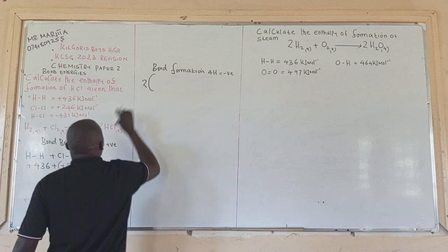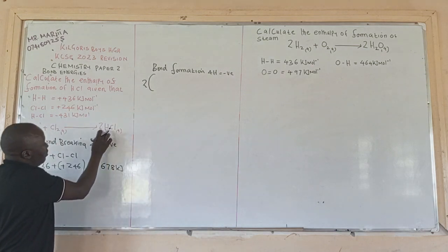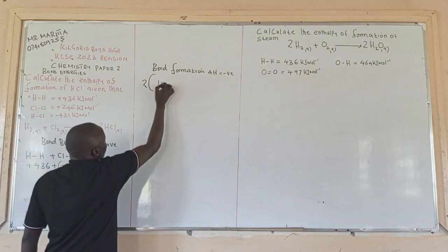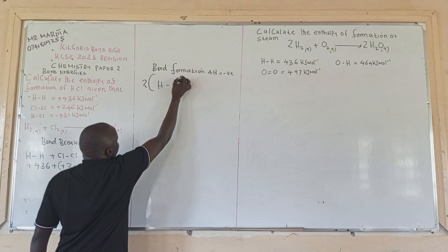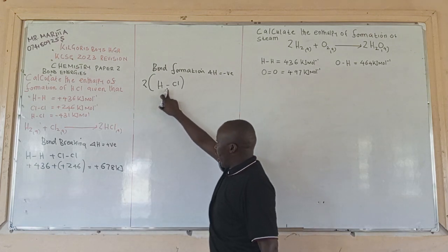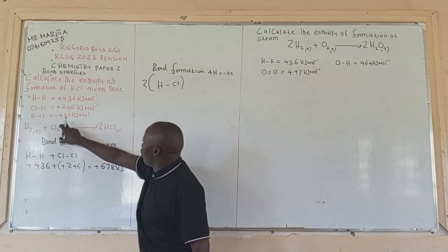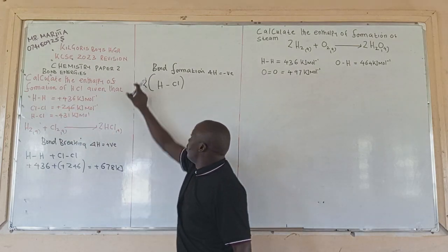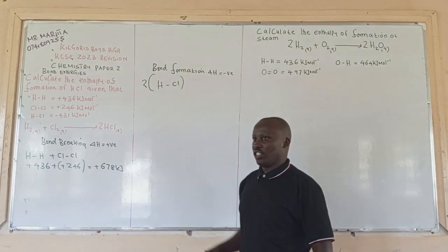Then we have the bond formation between hydrogen and chlorine. So we have hydrogen, and then we have chlorine. The total number of bonds here is 1, and this is equivalent to negative 431, but we have 2 moles of hydrogen chloride.